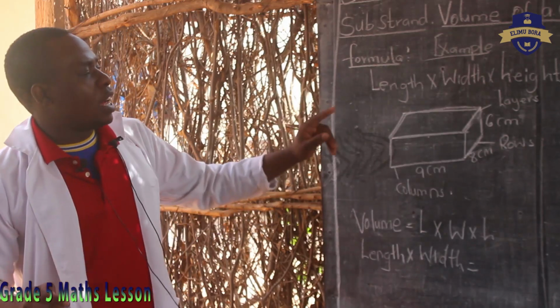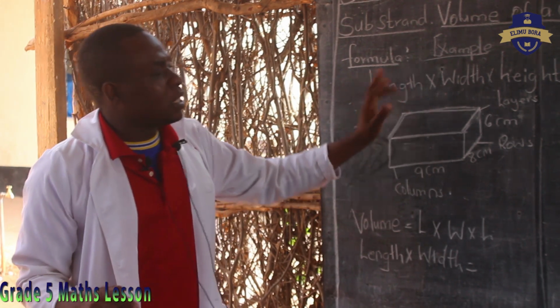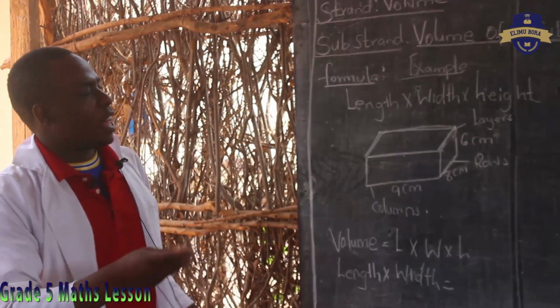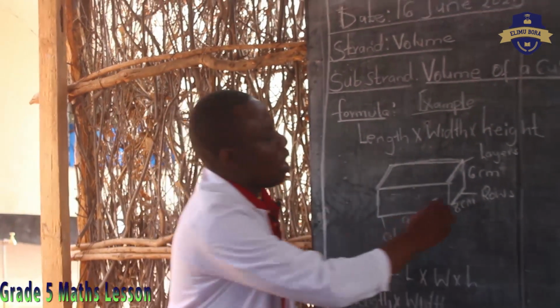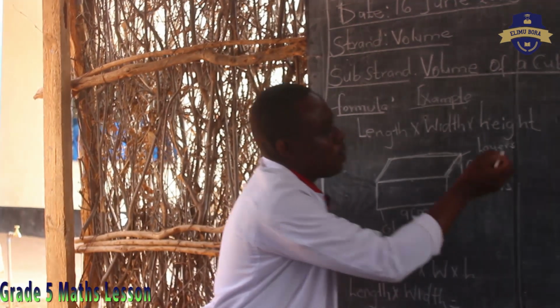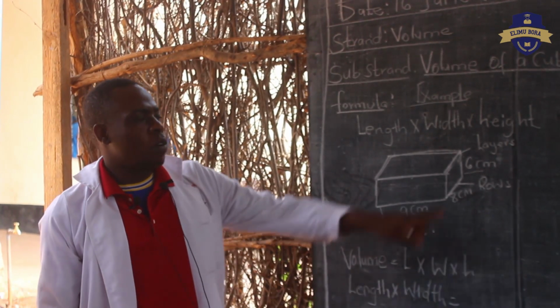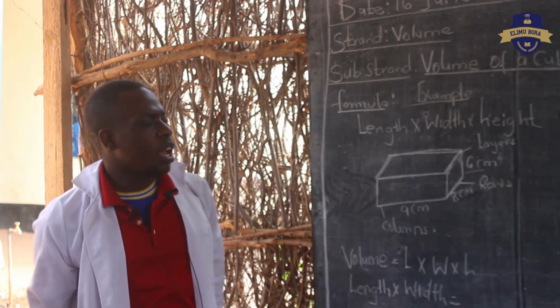For example, here on the chalkboard, we have length, width, and height. The width here is 6 centimeters, which we call the layer.